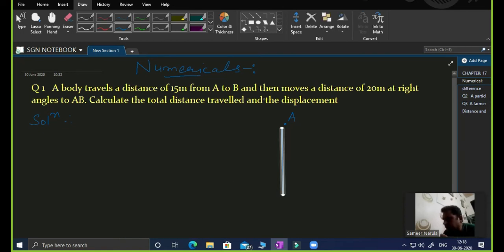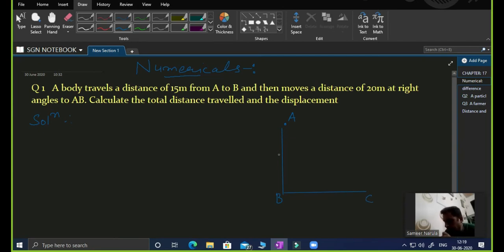And now it reaches position B. From A to B and then it moves a distance at a right angle to B. Once again it moves at a right angle. It can move to either side, here or here. For example, if it moves this way, this is position C right now.